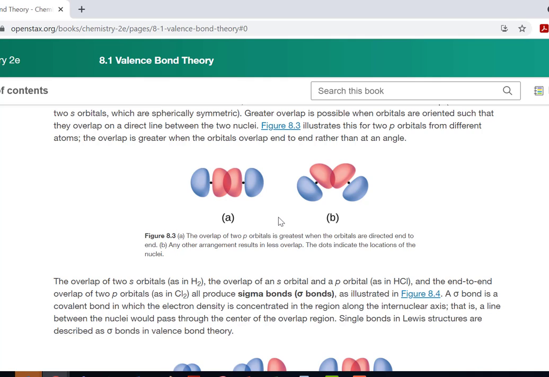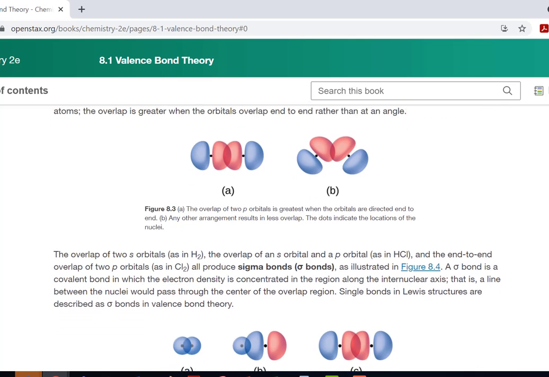And it's not necessarily that the blue is better than the red, but they have to be the same. So we wouldn't have a blue and a red overlapping here. That wouldn't work. That would lead to what we call destructive interference, which is something that another model gets into greater detail on. But we are using that notation here, so just be aware of that. When you see these different colors, that's what we're meaning by that.